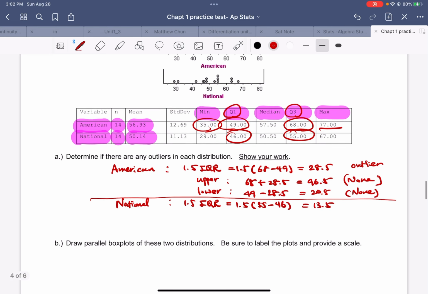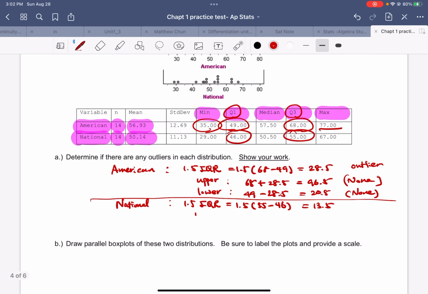Now, the upper portion works the same way. The third quartile for the National League is 55 plus 13.5. If you add up, you get 68.5. So any value greater than 68.5 will be an outlier. The max is 67, so there's none also. No value is greater than 68.5.